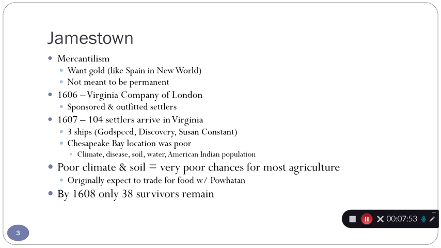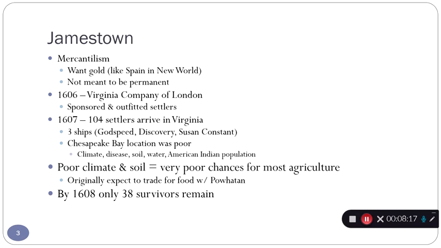So they pay people to make the journey, they pay to outfit these ships, they pay essentially a licensing fee to the British government for the right to do this. So they arrive in May of 1607 with 104 people.